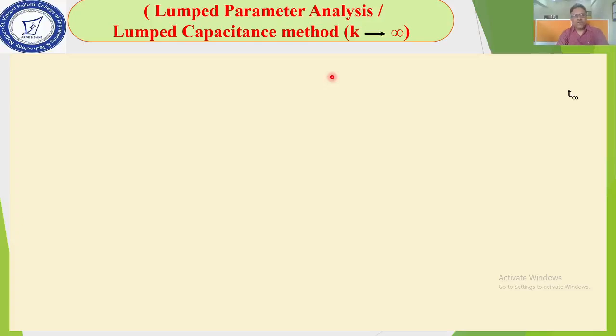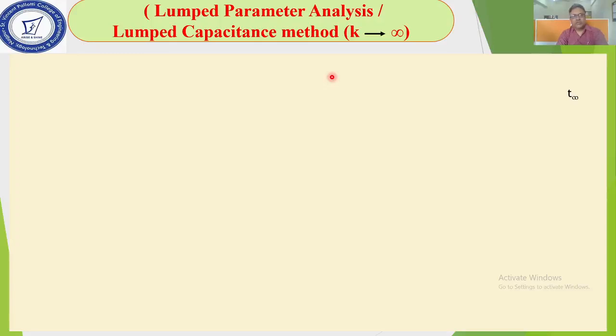And lumped parameter analysis is used to calculate the variation of the temperature of the body with respect to time. Here the meaning of lump is that the temperature of the body is assumed to be constant at all points at a particular moment of time.